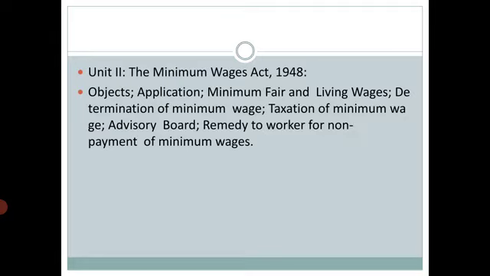Okay, so what is Minimum Wages Act? We will go through it.